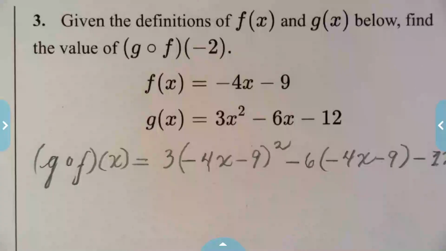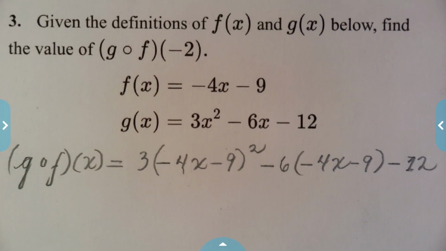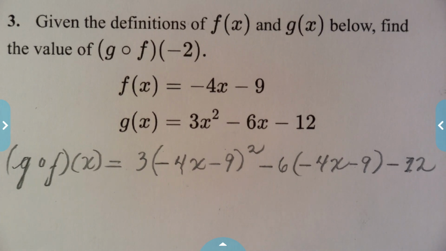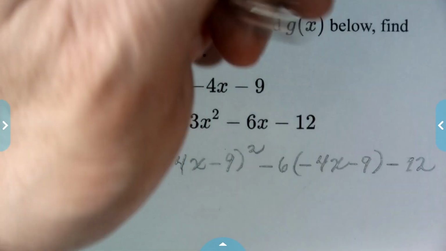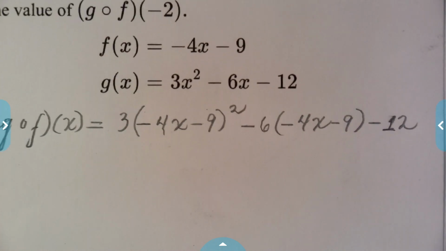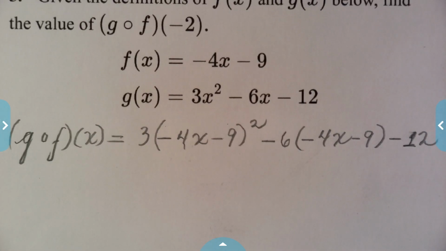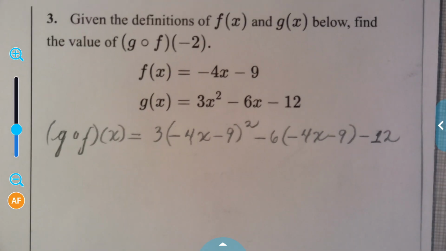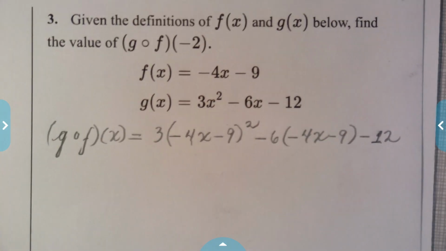Okay. So the hardest part computationally here is going to be expanding that binomial.